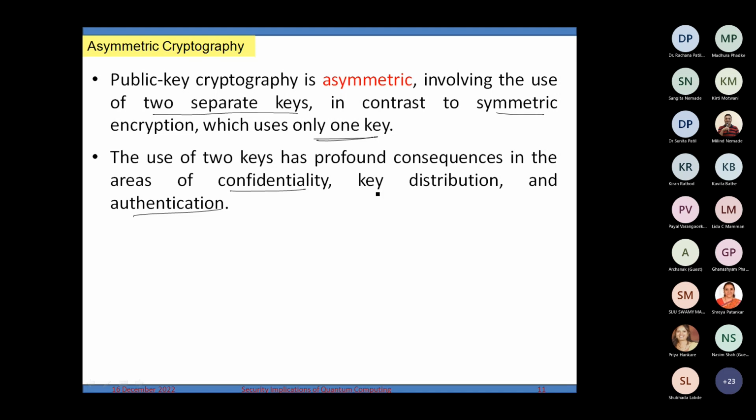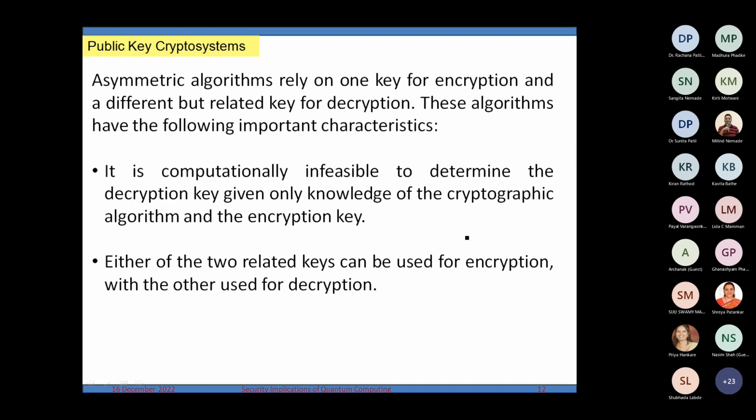On top of that, we are also able to achieve key distribution, which means that if you want to share the symmetric key, we can use this asymmetric key concept. Public key encryption algorithms rely on 1 key for encryption and an altogether different key for decryption, KE and KD, and KE is not equal to KD. That's what we discussed a few seconds back.